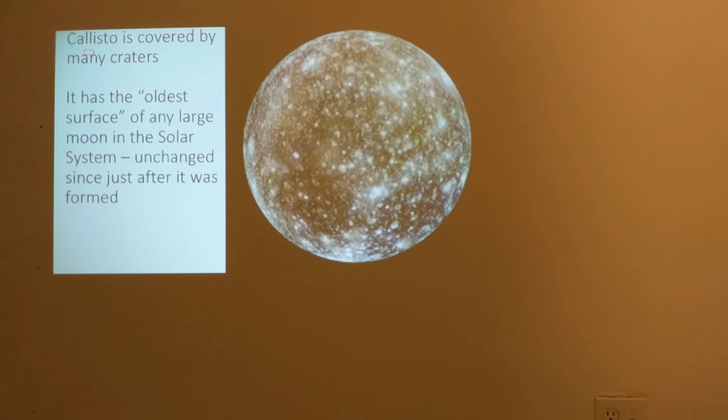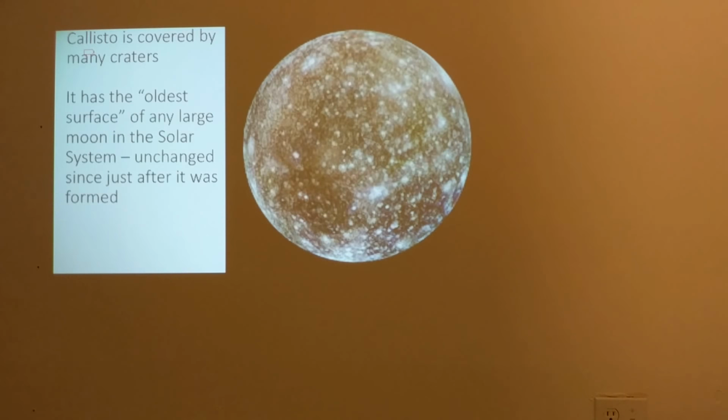Callisto is covered by many, many craters. It has the oldest surface of any of the large moons. What we mean by that is that the surface has not changed over a very long period of time, really unchanged since not long after it was formed. The only geological effects are a very weak tidal force from Jupiter, and maybe some very small effects from that.